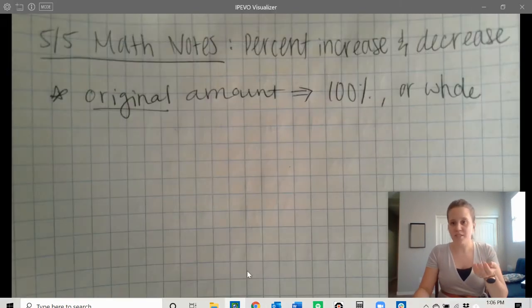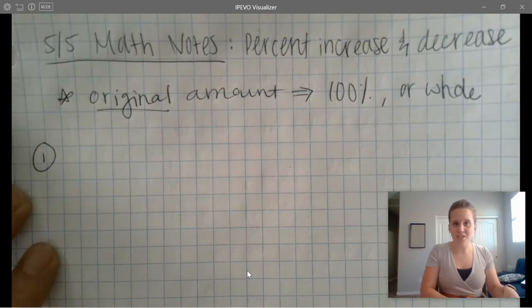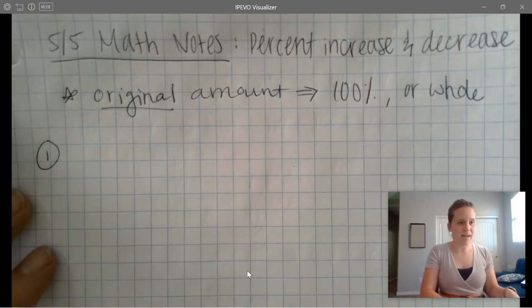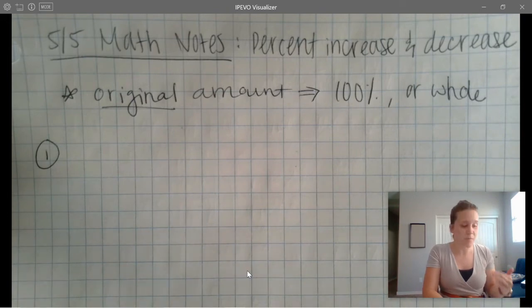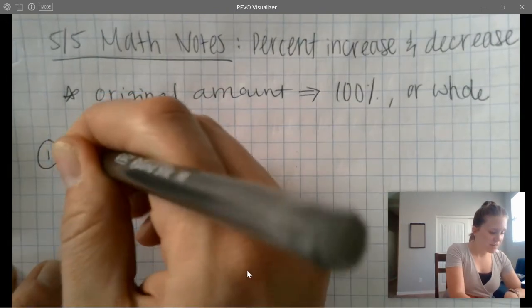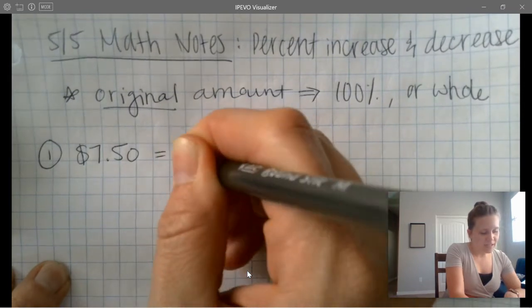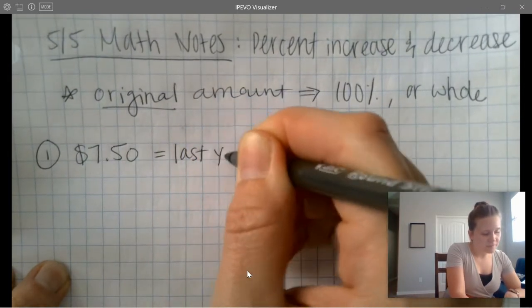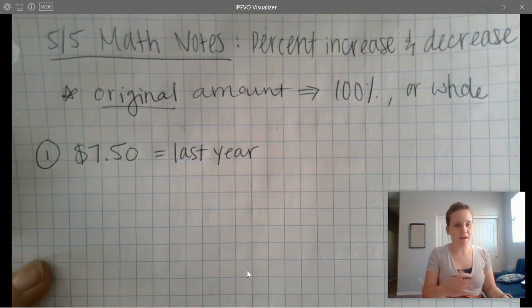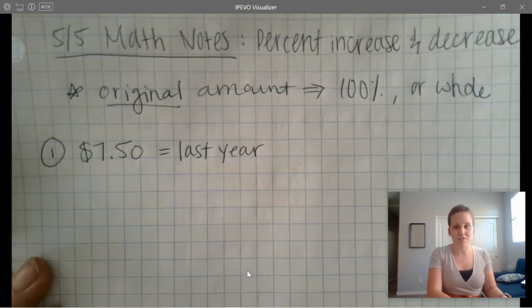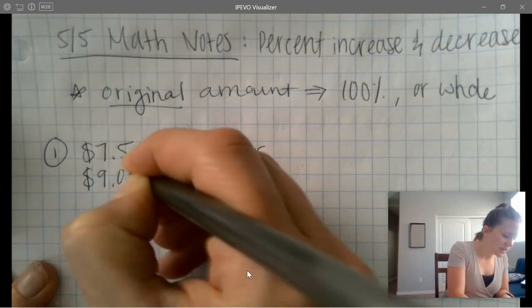When I'm solving questions like these, it's so easy to mix up some key details from the question. And so I highly, highly recommend that when you're doing your independent practice, you follow this same step I'm about to show you. I do want to mark that it is $7.50 for last year. This is the cost of the meal last year. I'm not going to include all of that detail, but I do need to know what was last year and what was this year.